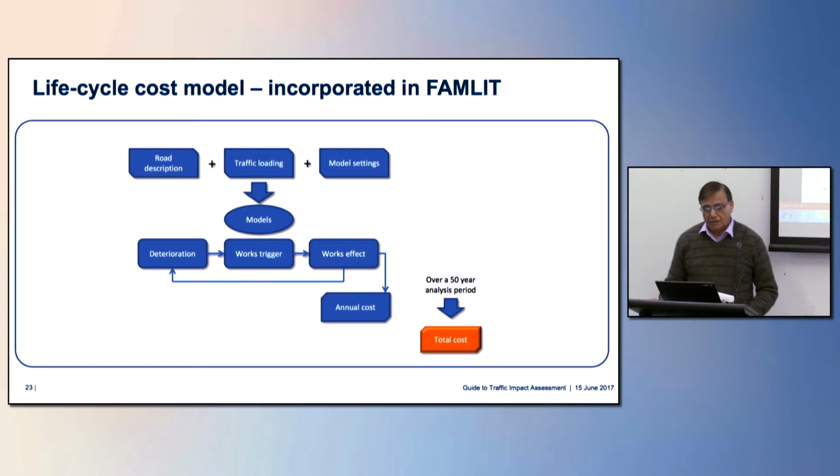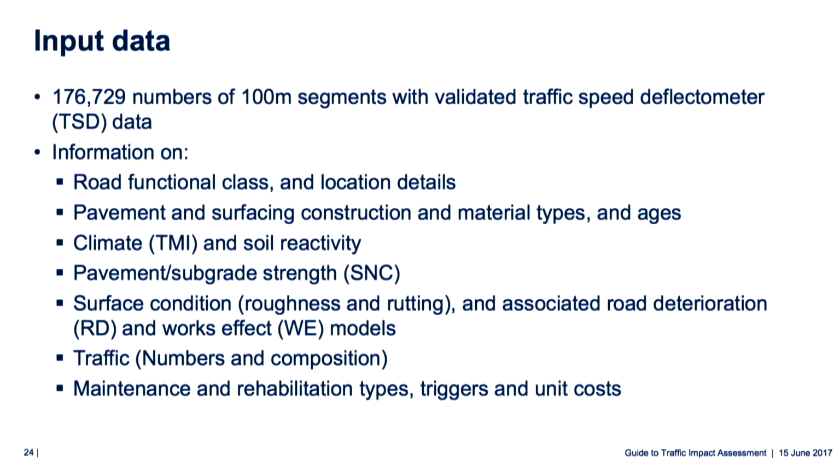Now, just going through a little bit more detail, we have more than 33,000 kilometers of road, which includes both sealed and unsealed. Now, we do the deflection survey. It's called TSD, traffic speed deflectometer.